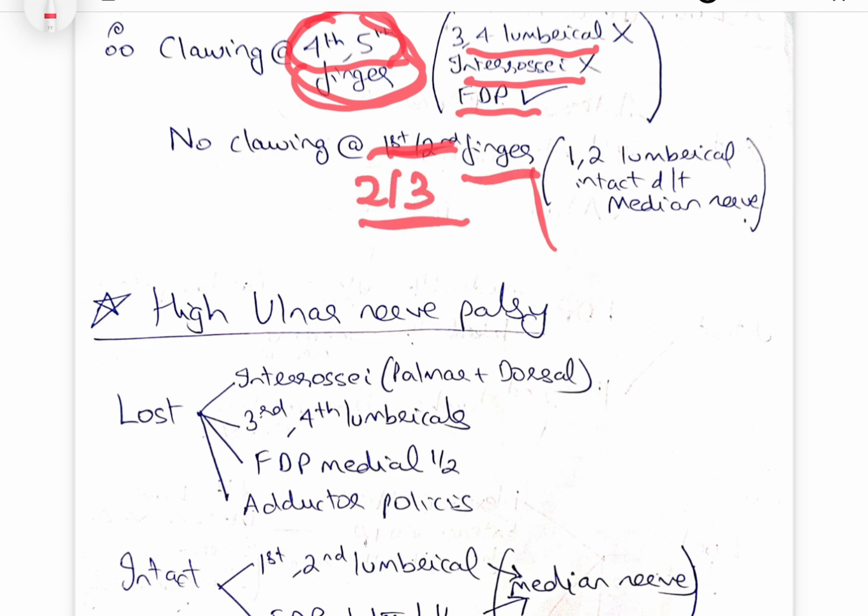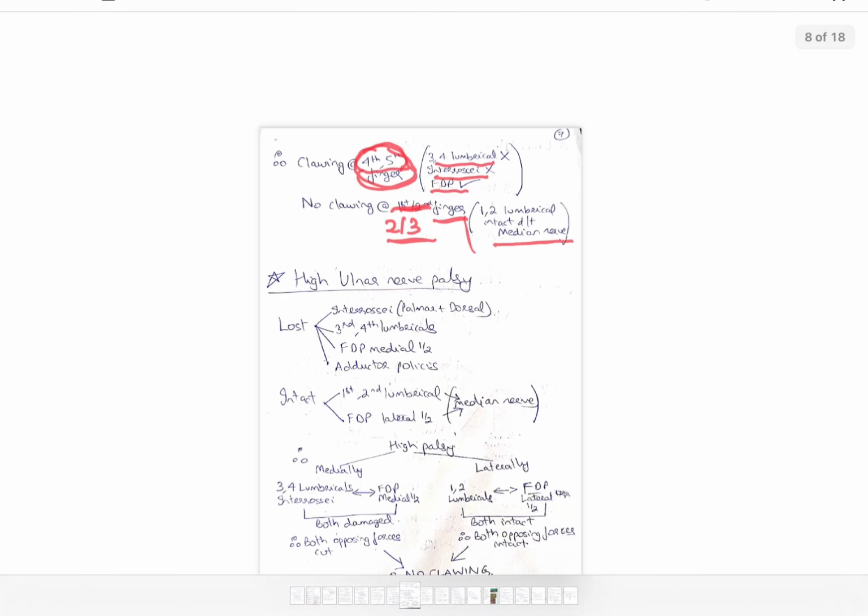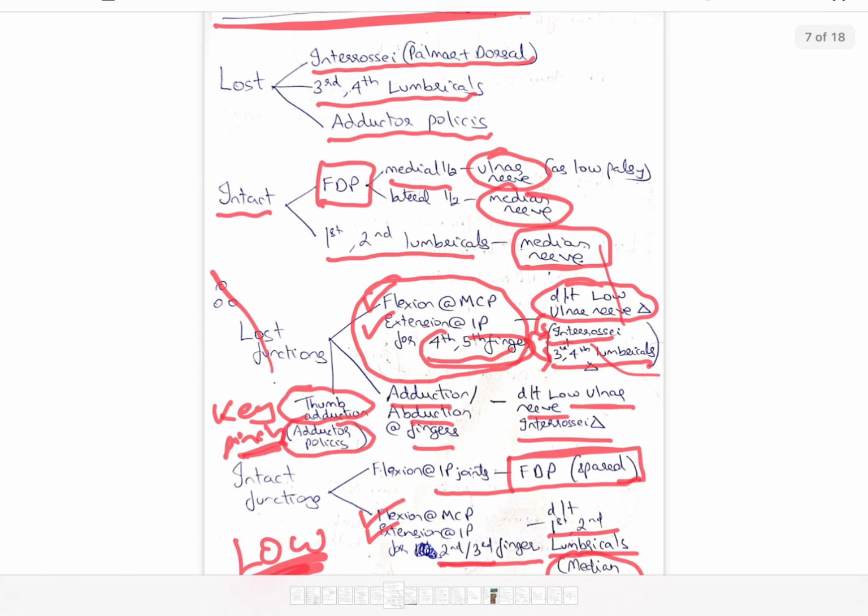Because the first and second lumbricals are intact due to the median nerve supply. Okay. So that was the concept of low ulnar nerve palsy, in which you can see a partial clawing. That is, clawing is only at the fourth and fifth finger. Am I making sense? The second and third fingers show no clawing. Okay. It is normal because the median nerve supply is normal.